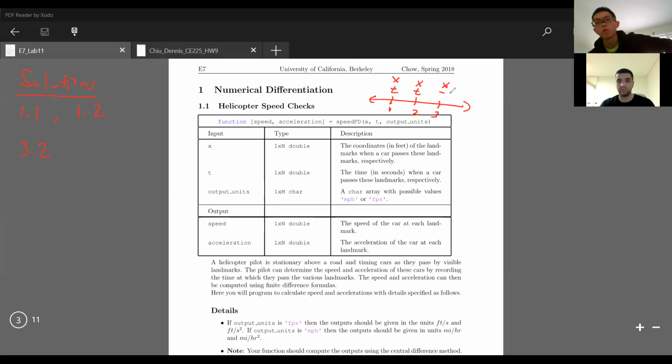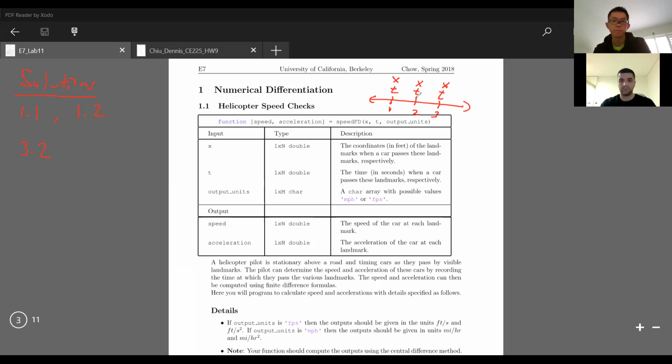We know where the landmark is. Imagine these are like radar tracking stations, and each tracks the time at which the car passes that point. Based on those times, we'll be able to get number 1, speed, and number 2, acceleration as it passes each of those landmarks.